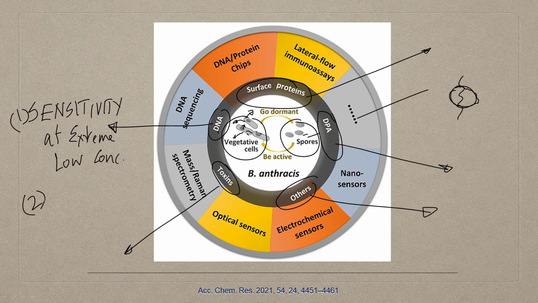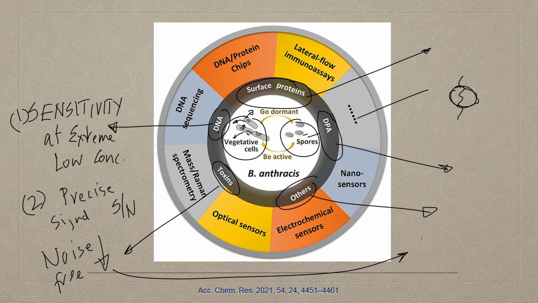The second thing is a very precise signal, where the signal to noise ratio should be extremely low, so almost a noise-free system where you can pick up the signal, and the signal should be unique, unambiguous, or at least we should have an idea what the ambiguous elements in such signals are.